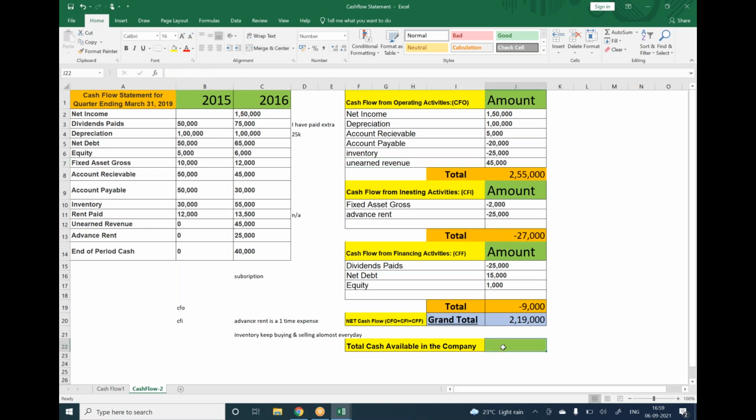So total cash available in the company will be net change in the cash plus end of period cash is 40,000. It's 2,59,000. Any doubts?